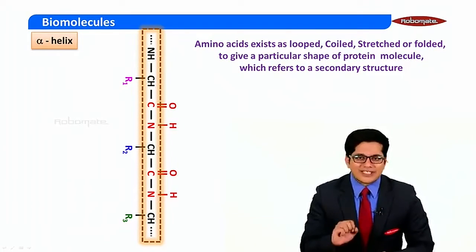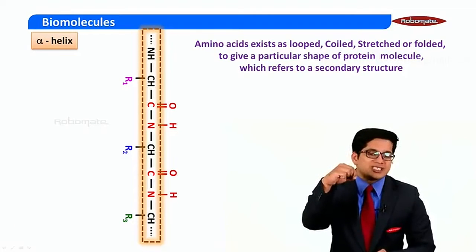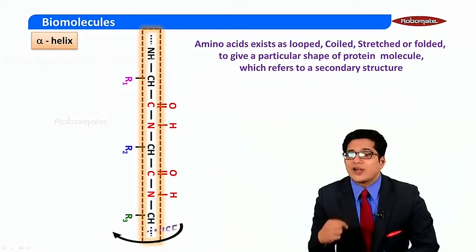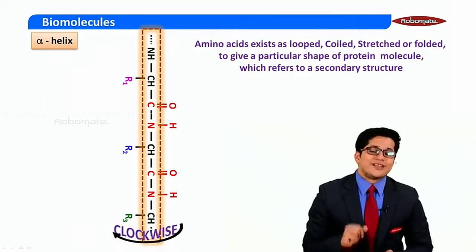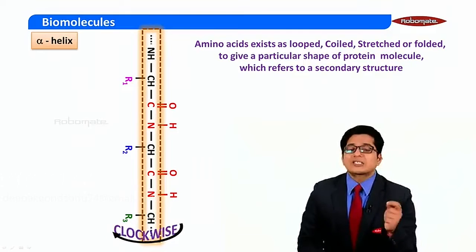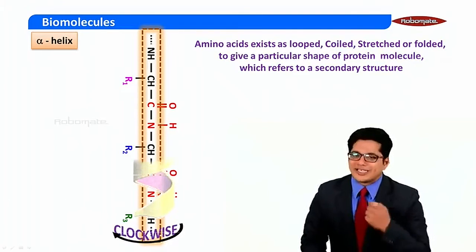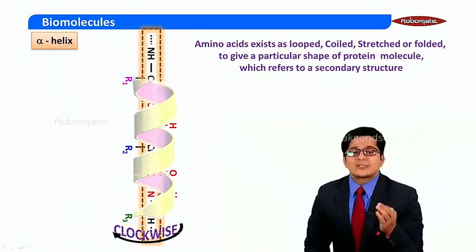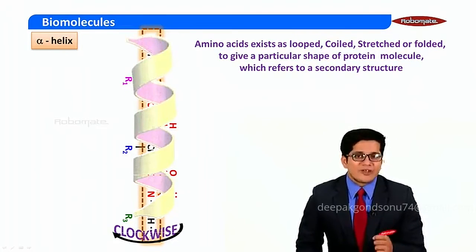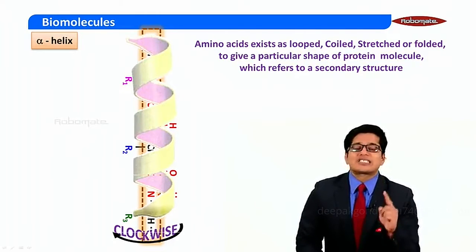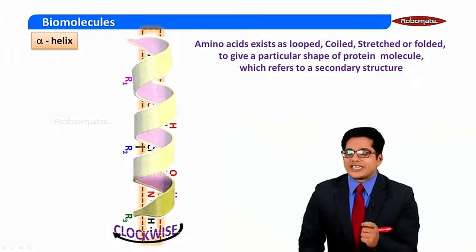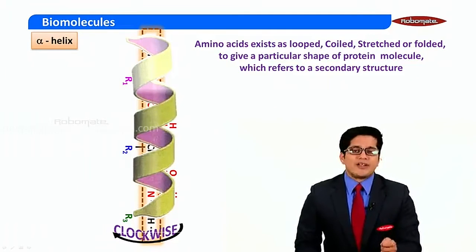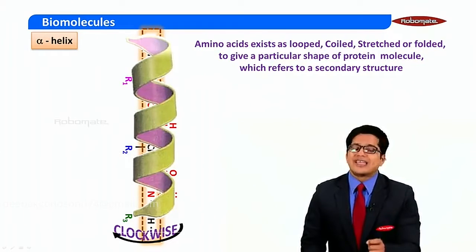Now imagine if we hold this compound from the first tip and then try to rotate this compound in a clockwise direction, then we are bound to get a spirally coiled unit, which would be something like this. This spirally coiled unit, if it has the first turn originating towards the right hand side, then it would be called an alpha helix structure.